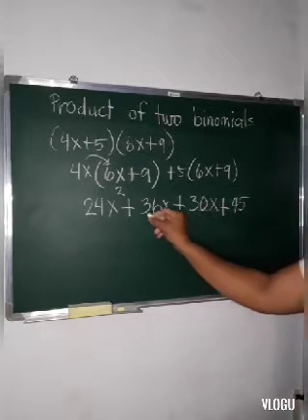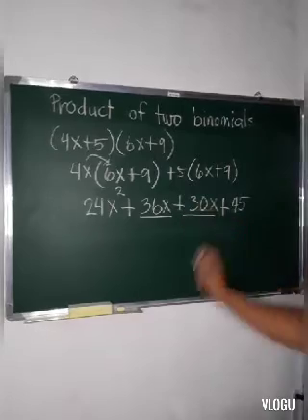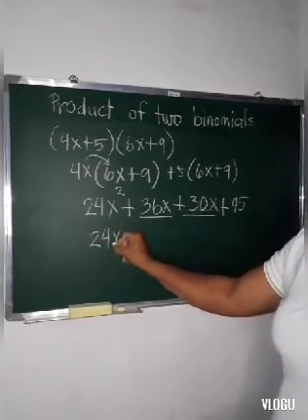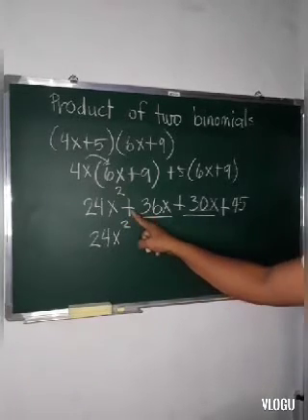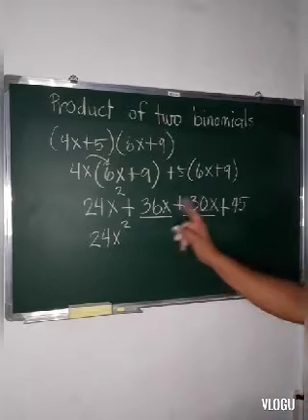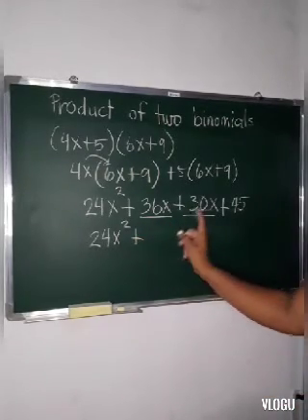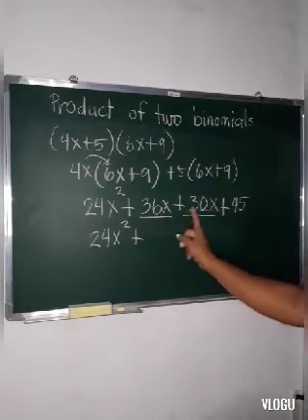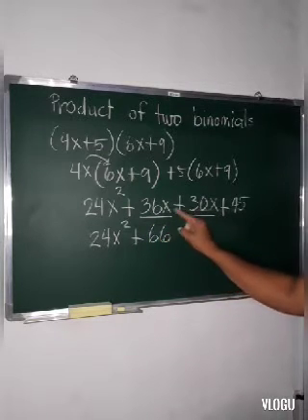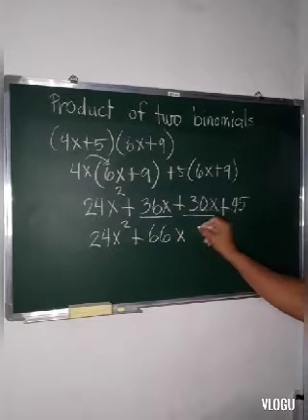Combine like terms, we have 36x and 30x. So, copy 24x squared. Since they have like signs, so copy positive. And then, of course, we add 36 plus 30, we have 66. Then, copy x plus 45.